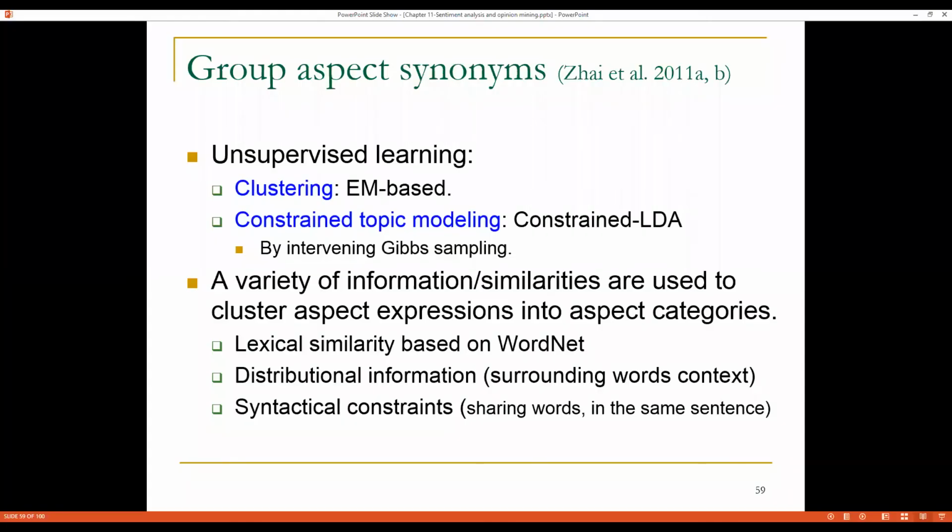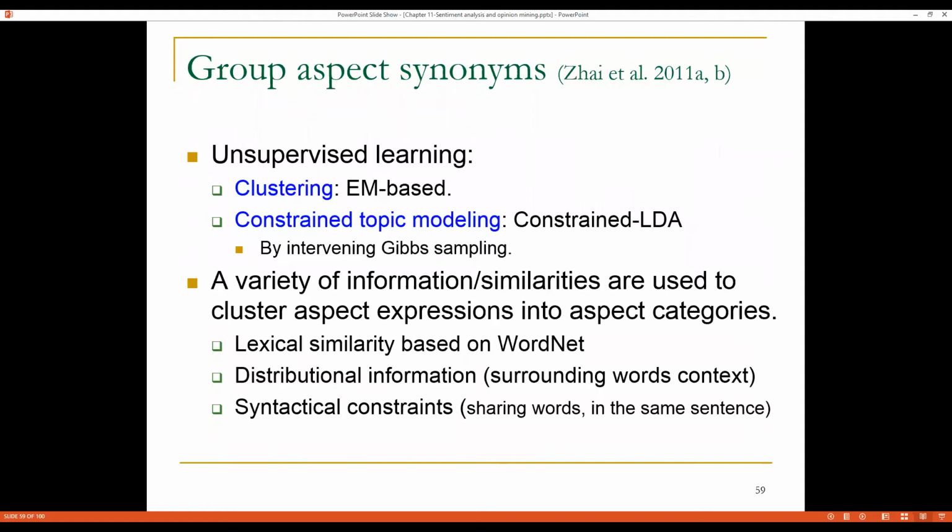So after the aspect synonyms have been identified, unsupervised learning can be used in the form of clustering and constrained topic modeling to group the synonyms.